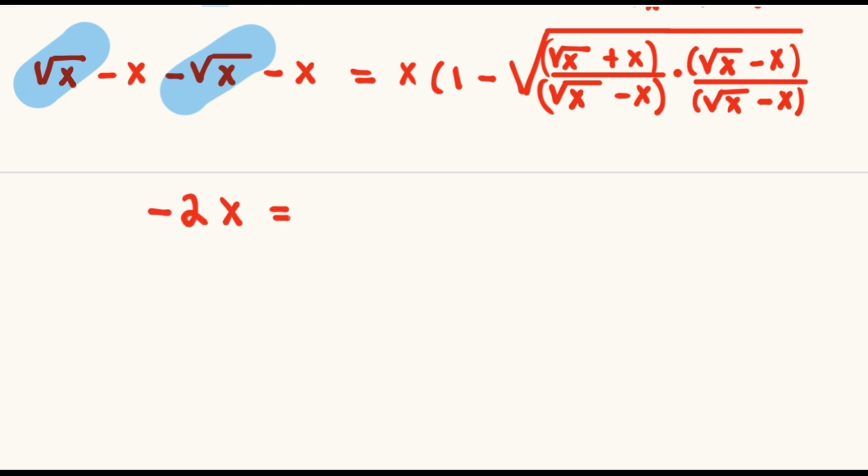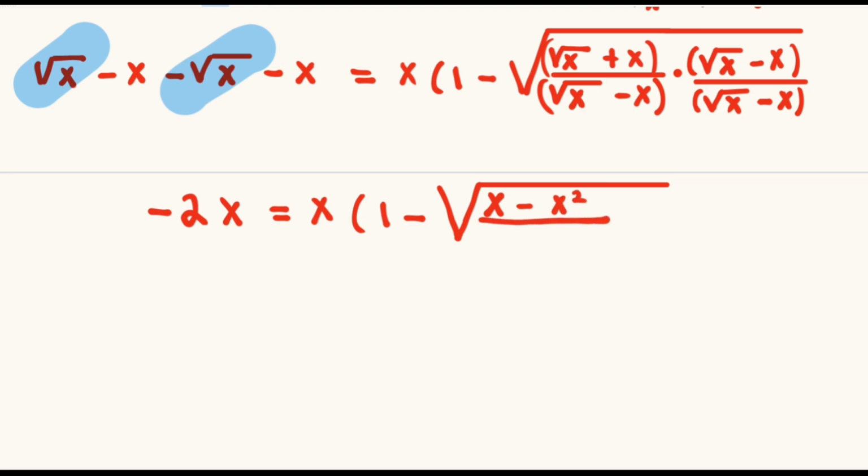which will be equal to x times 1 minus the square root of, we have a result of the difference of two squares again in the numerator, so this will simplify to x minus x squared divided by the square root of x minus x multiplied by the square root of x minus x.